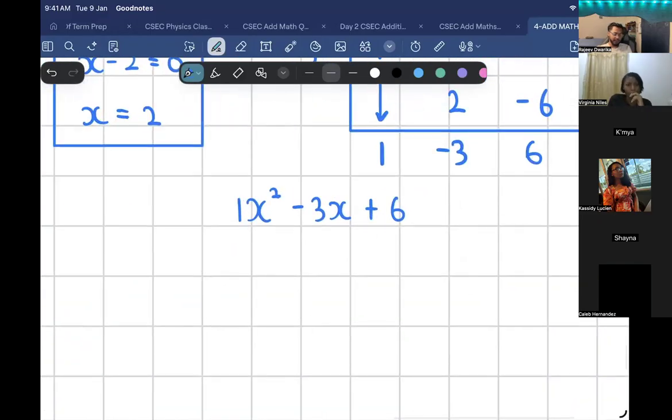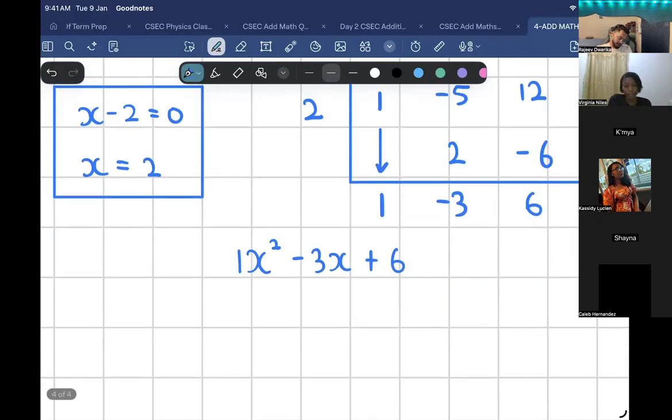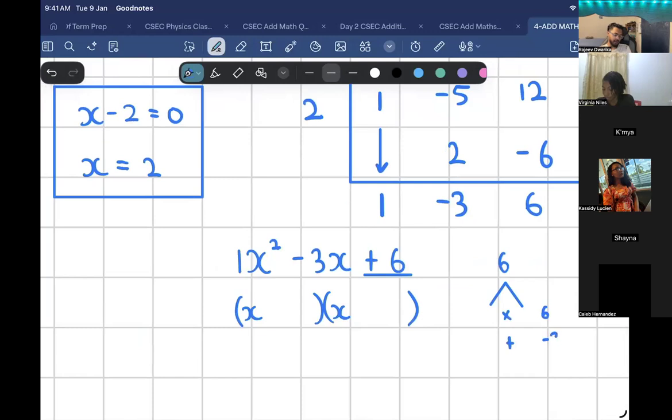But this is a quadratic, so what will I have to do with the quadratic? Factorize. So to get x squared, I'd say x by x. Each bracket should have an x in it. And then I'm looking at the last number. Last number is 6. We're looking for two numbers that multiply to give 6 and add to give minus 3.